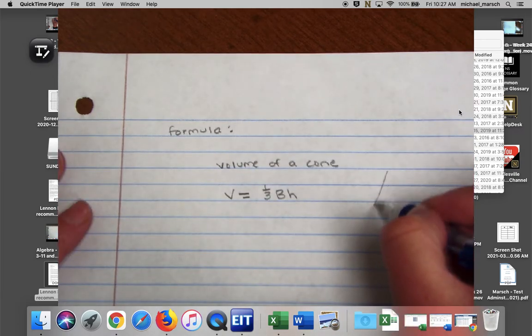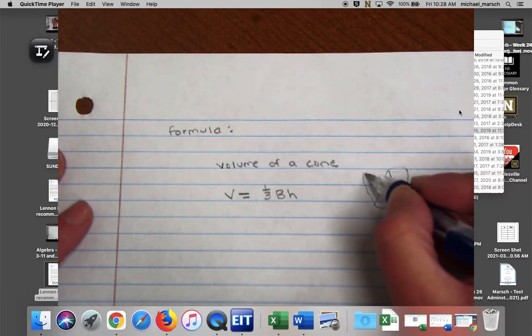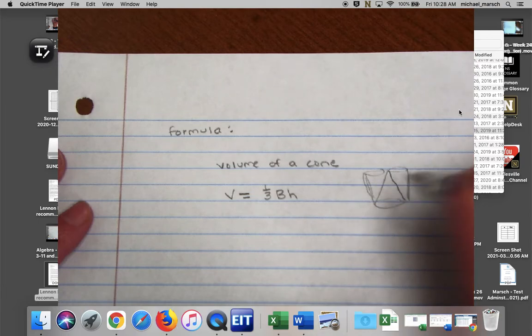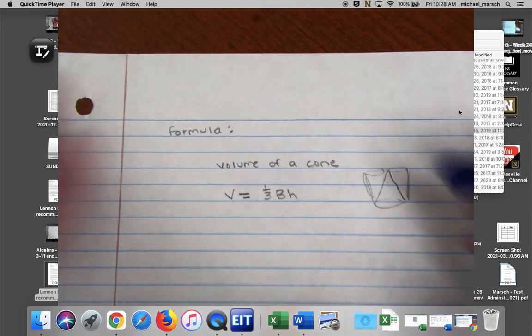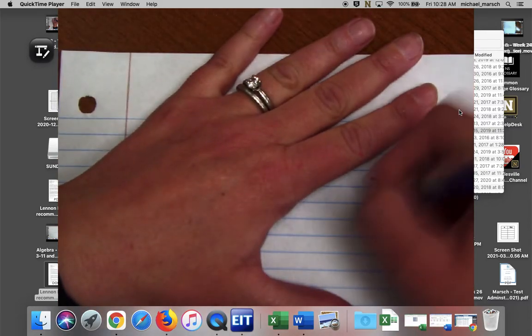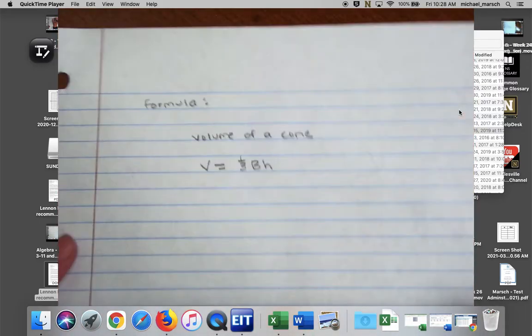A cone is kind of like this, right? So if I had another cone here and another cone here, obviously this is not a great drawing because it's not all lining up perfect, but think about it being 3 cones make up a cylinder. So that's why it's the same formula, only we're taking 1/3 because a cone is 1/3 of a cylinder.